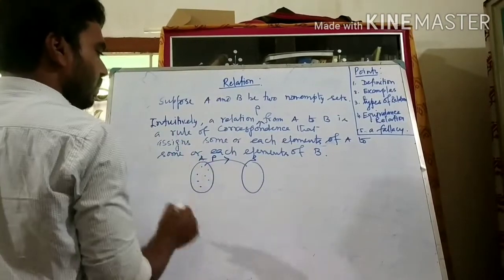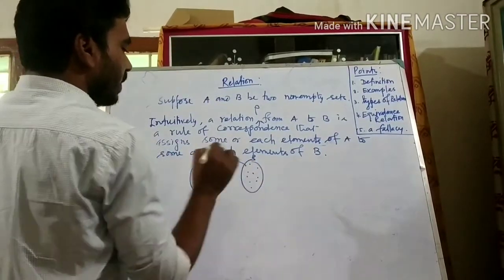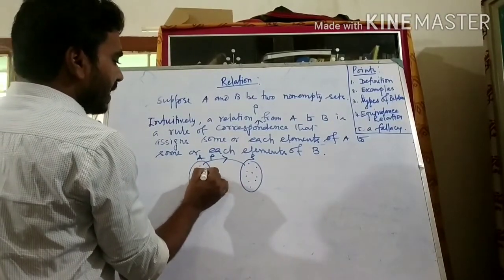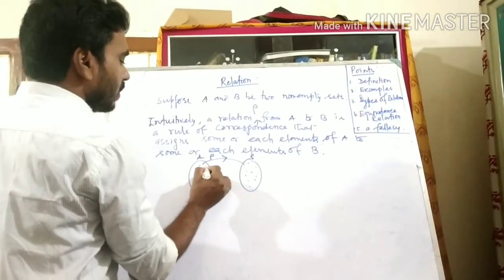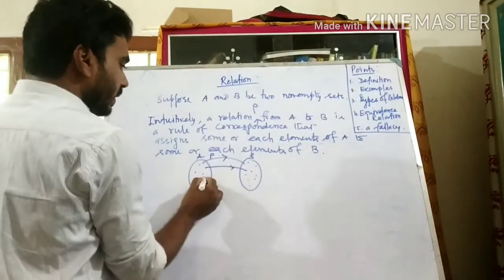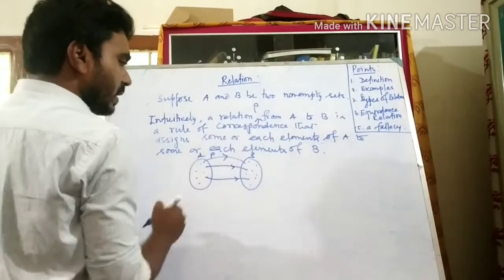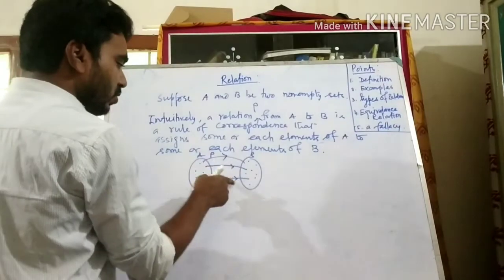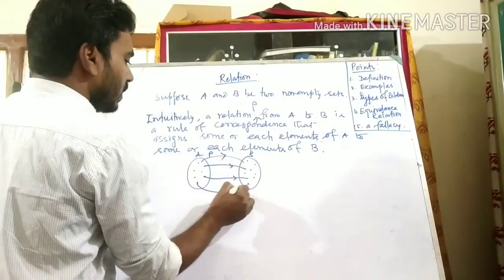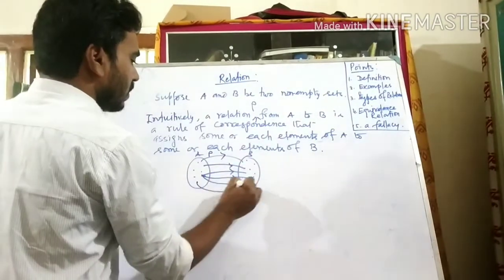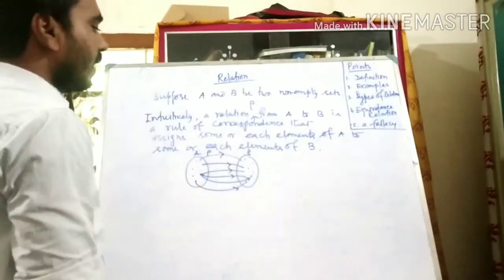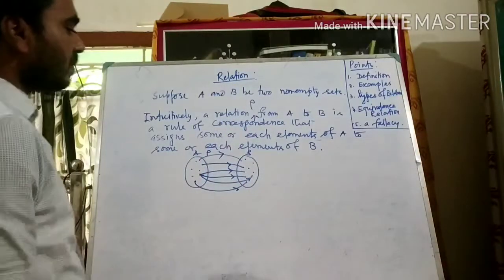Suppose these are the elements of A, these are the elements of B. So if suppose this element is associated with this element under this rule, this element is associated to this element, similarly this. So this is an example of a relation from A to B.